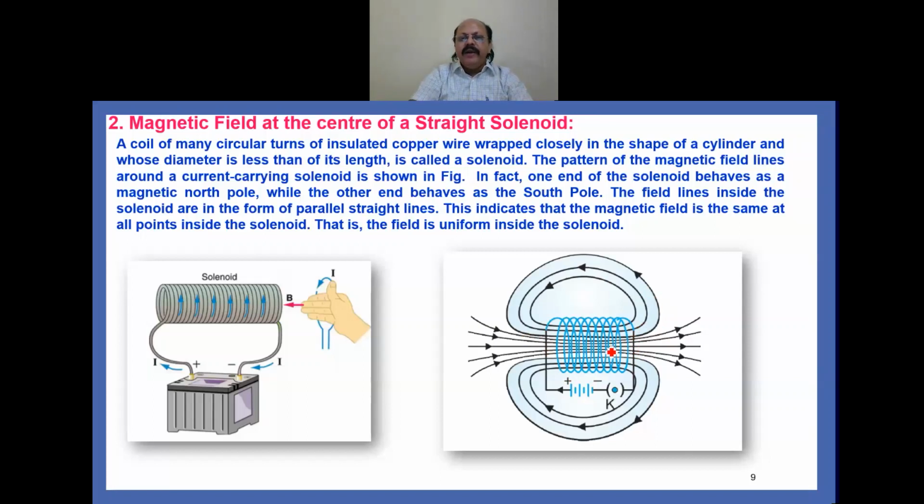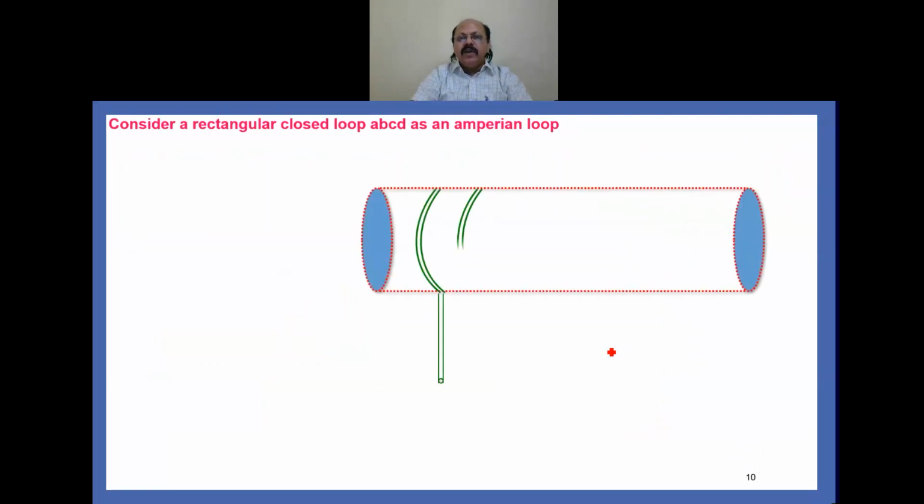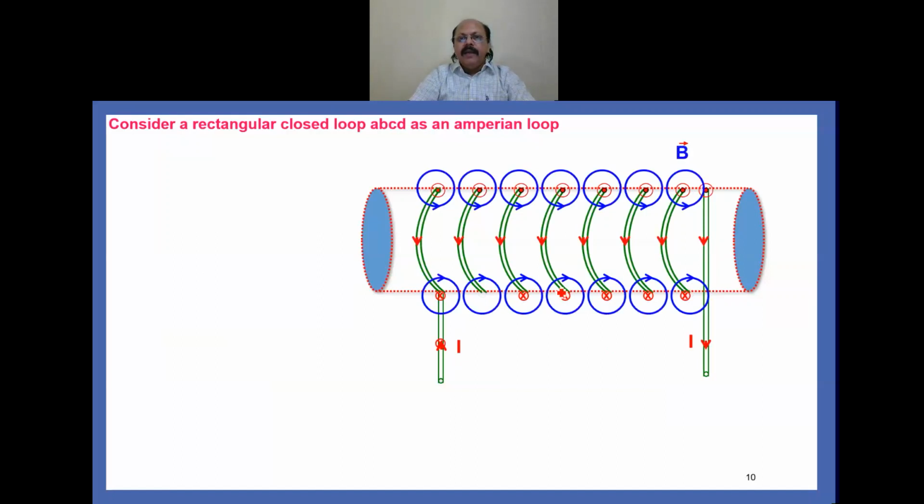Now we have to find the magnetic field inside the current carrying solenoid using Ampere circuital law. Here is a solenoid carrying the current I. Current I enters the solenoid at one end and leaves at the other end.